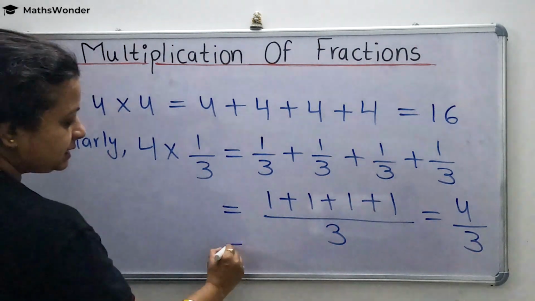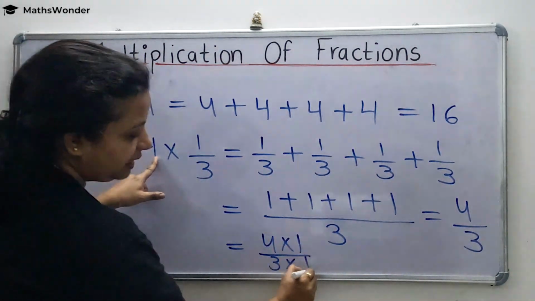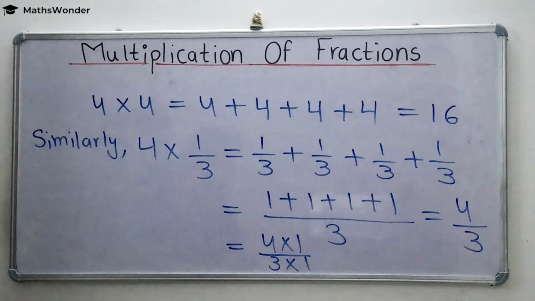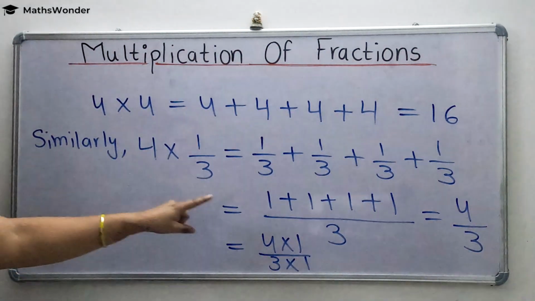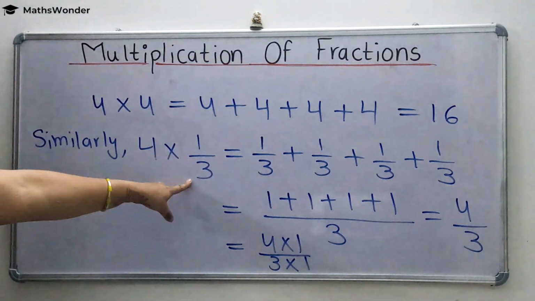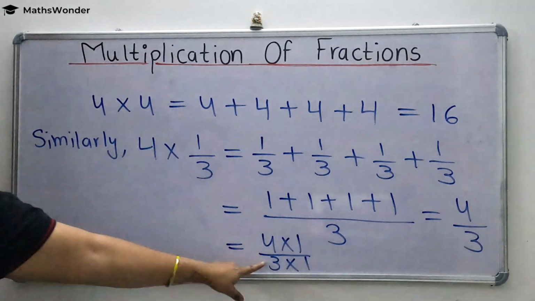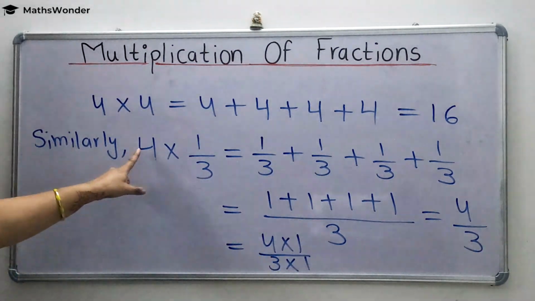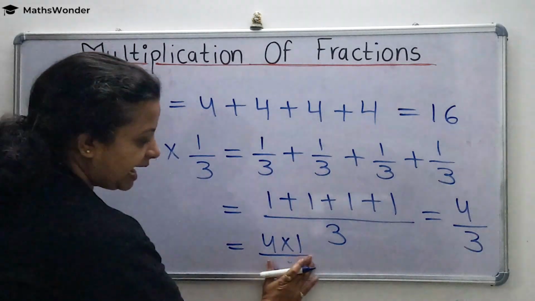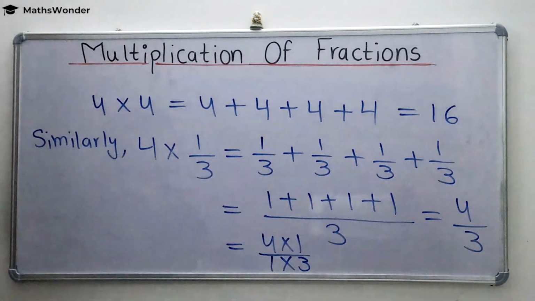4 over 3 means 4 times 1 and 3 times 1. So what did we do here? We took the product of the numerators, 4 times 1, and in the denominator, the product of the denominators, 1 times 3 or 3 times 1. 4 times 1 is 4, and 1 times 3 is 3. That gives the result 4 over 3.